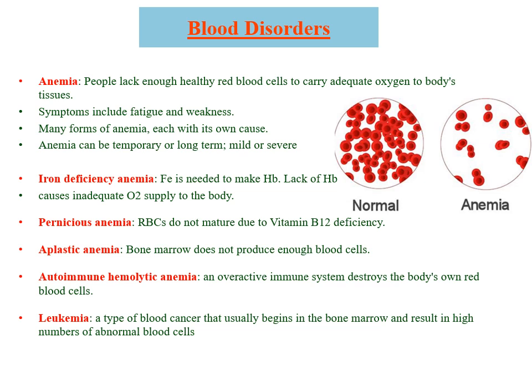This can result due to viral infections like hepatitis, HIV, or due to chemotherapy medications. Autoimmune hemolytic anemia. In this case, an overactive immune system destroys the body's own RBCs, causing anemia.